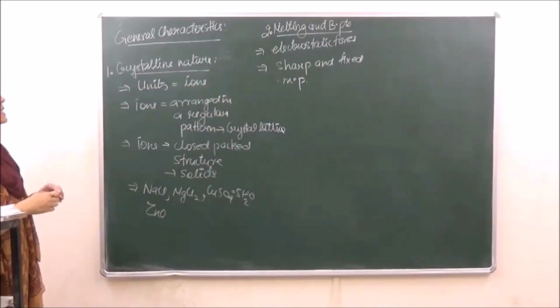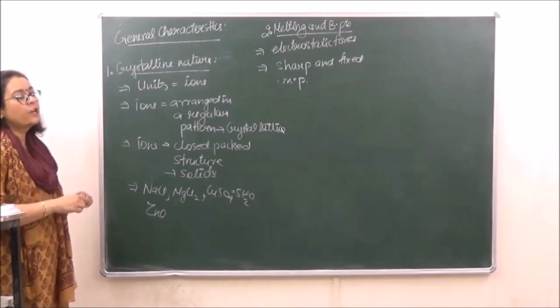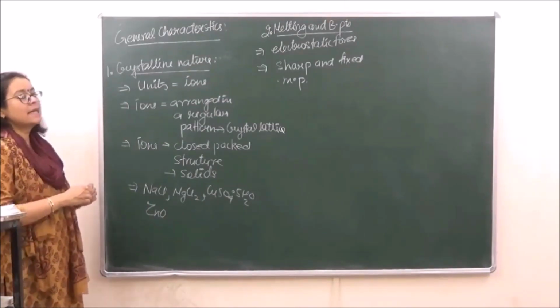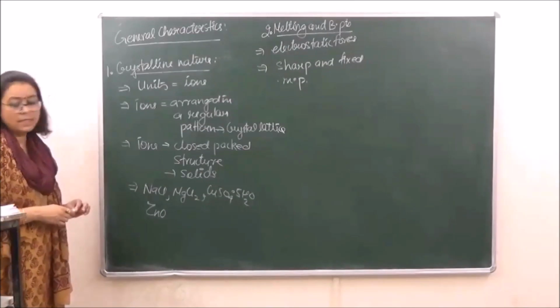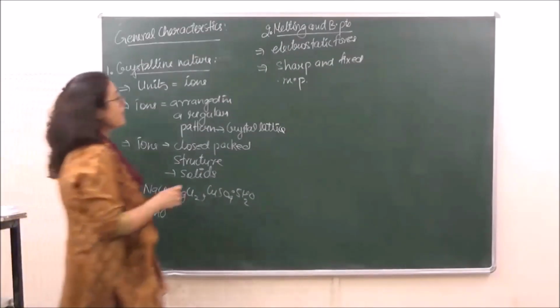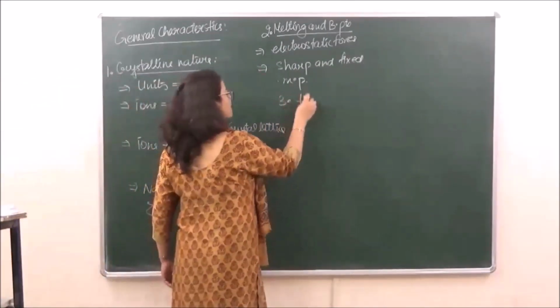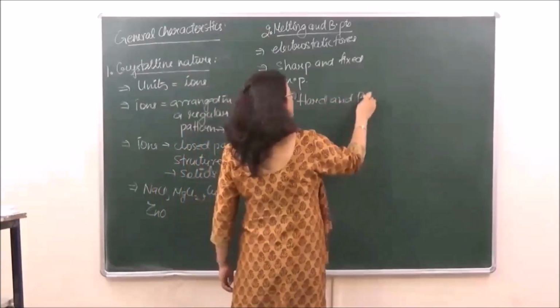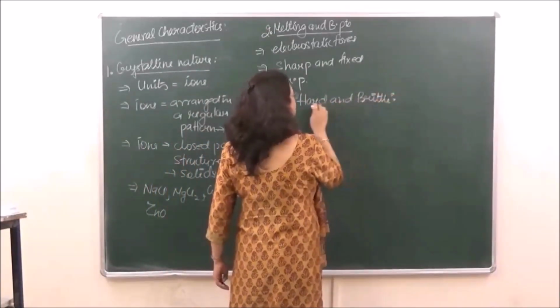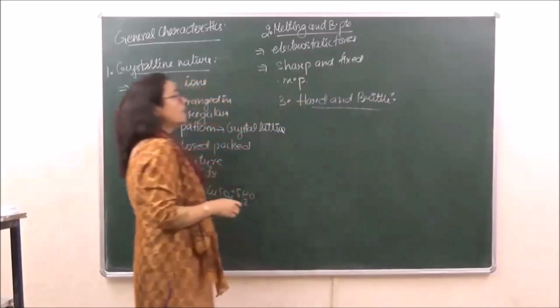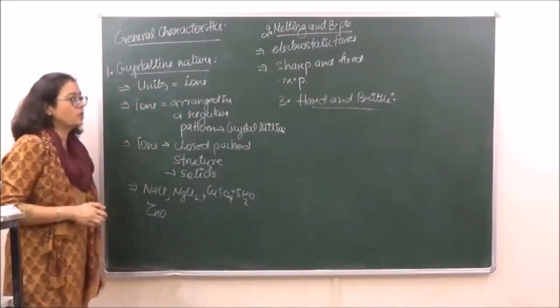Every compound has its own melting point which cannot be altered until and unless there is some impurity present in it. Okay? Then third, they are hard and brittle. What are the explanations which we can give for hardness and brittleness of ionic solids?